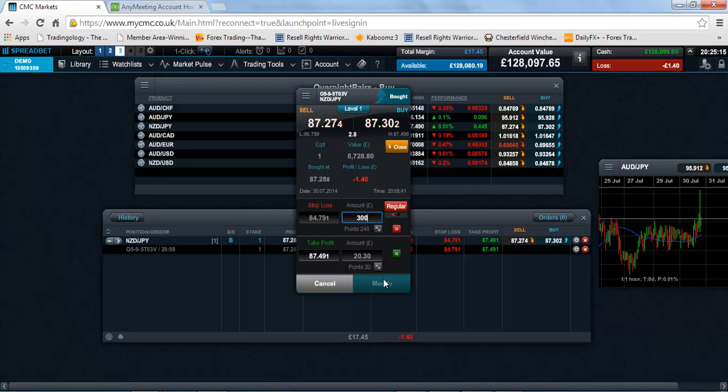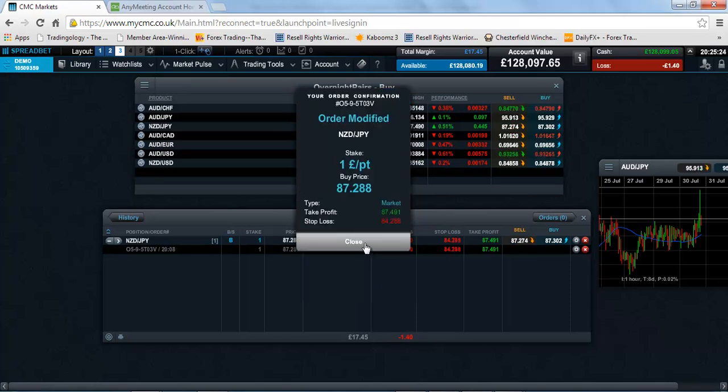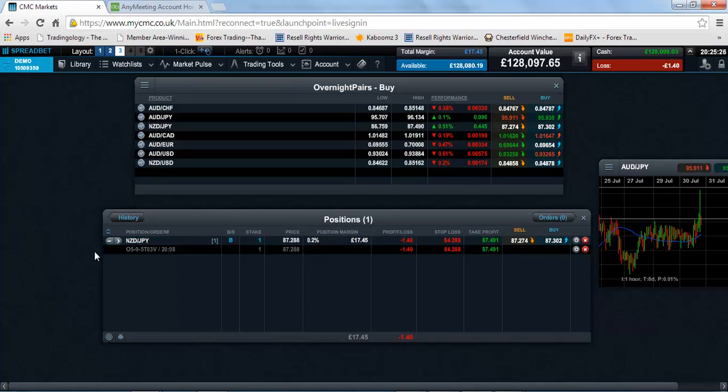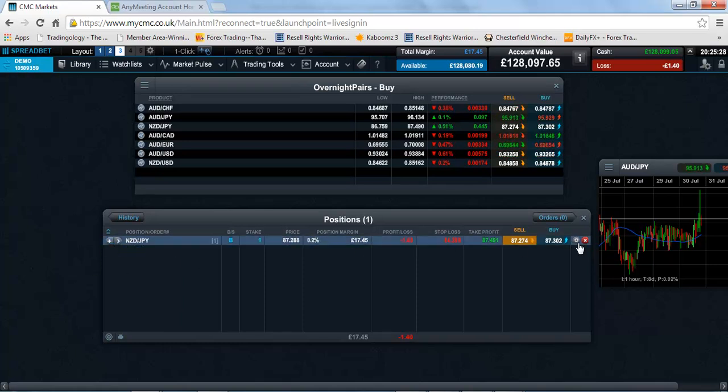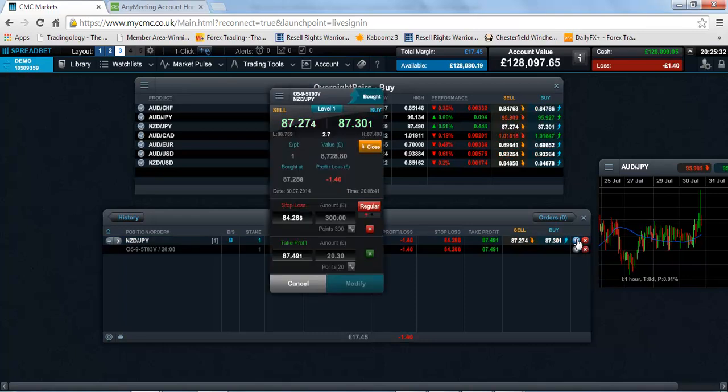After I finish typing in £300, all I do is modify and then modify again, and my job is done. So when I go back to the gear, you can see that the stop loss is no more 250, it's £300. So it has modified for me, so there's no panic.